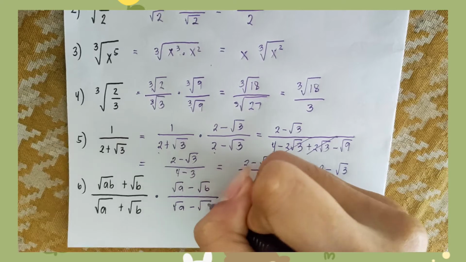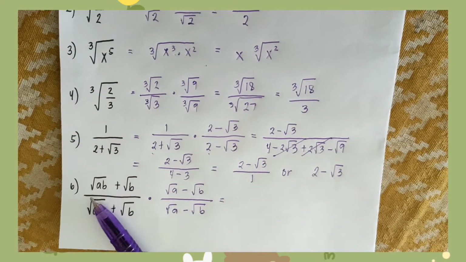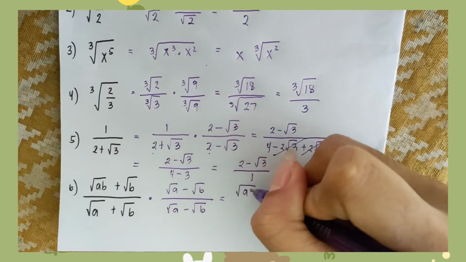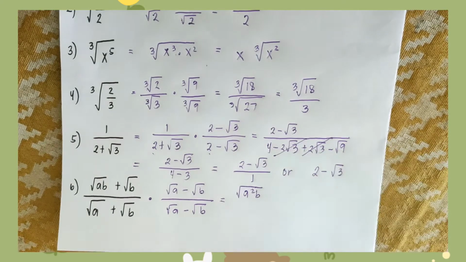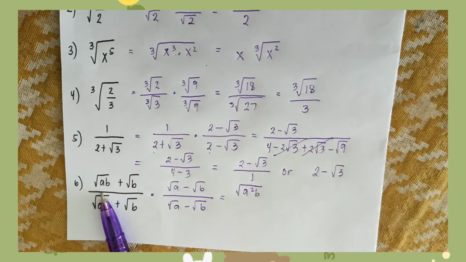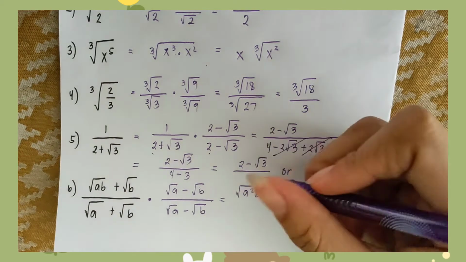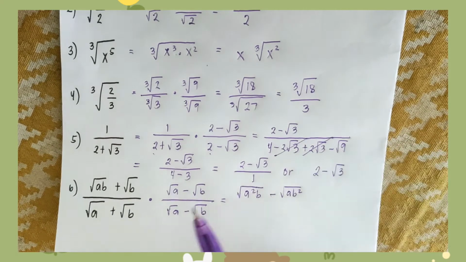Square root of A minus square root of B equals, let's multiply AB times A, that is A squared B. Then AB times B, negative B, that is negative AB squared.